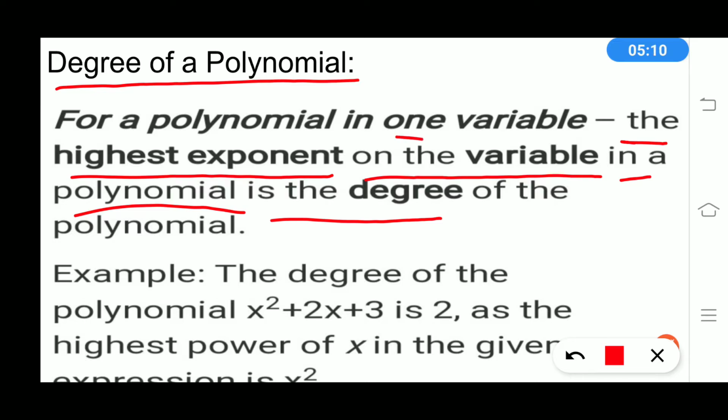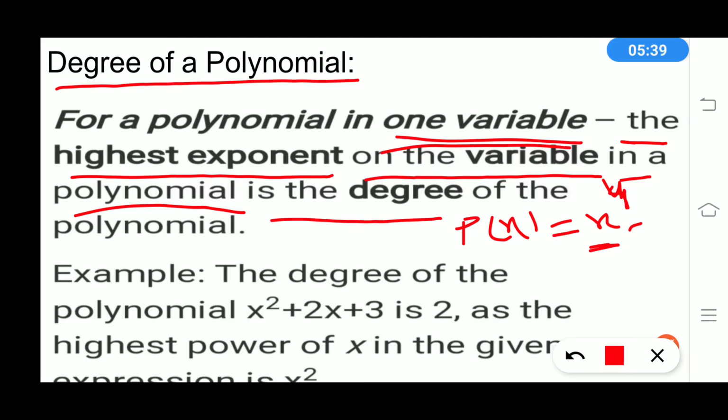Sorry, here it is one variable, not degree one. For a polynomial in one variable, the highest exponent of the variable in a polynomial is the degree of the polynomial. That means simply p of x equal to x to the power 4. So here one variable x, so the degree of this polynomial is 4.